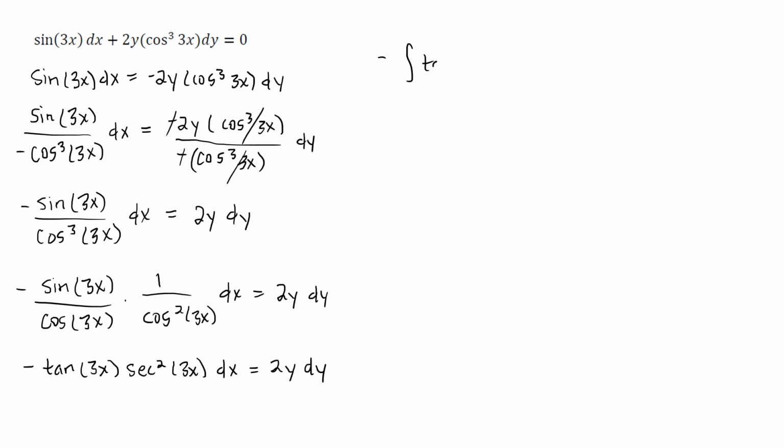So the integral of negative tan 3x secant squared 3x dx equals the integral of 2y dy. Okay, we're going to use u substitution to help us simplify this left-hand side.